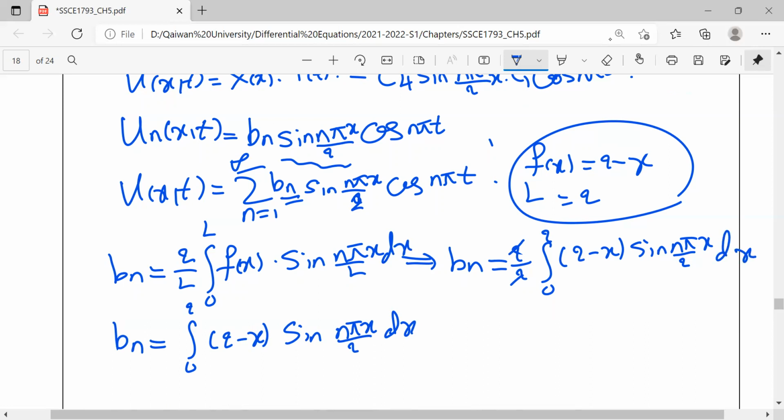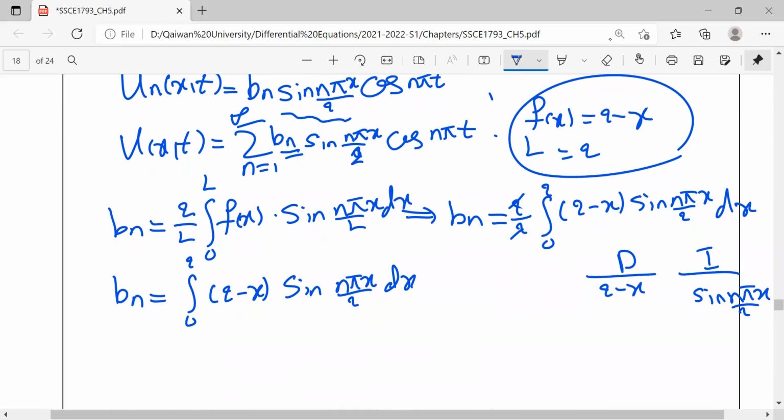We find this integration. We can use integration by parts, or we can use the short method. We let d to be 2 minus x, and we let the integration to be sine n pi x over 2. We find the derivative for 2 minus x. The first derivative is -1, and the second derivative is 0. So you must take two integrations for sine n pi x over 2.